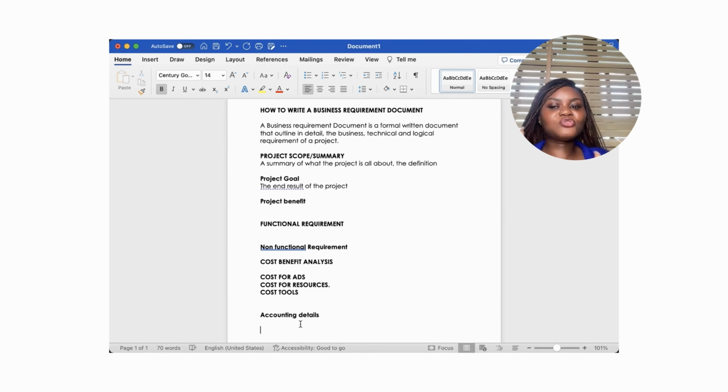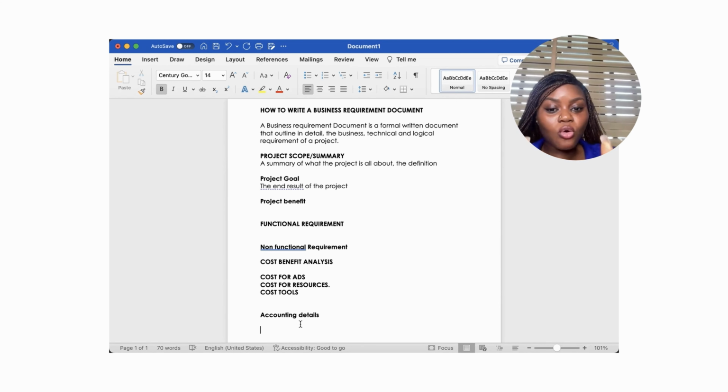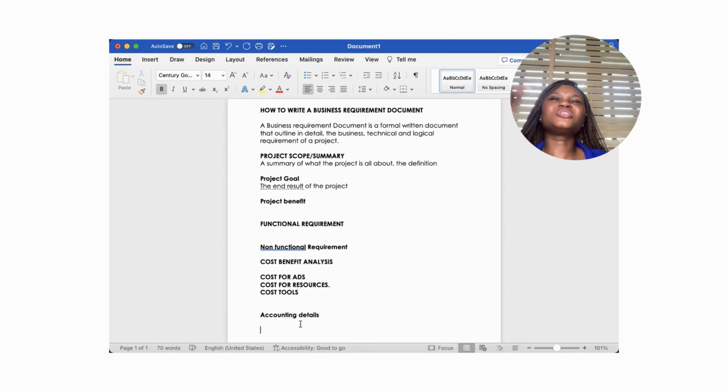So you have to be able to have these accounting details, because it's these accounting details that your developer would be able to configure and put into the system, such that if I, Oluwapelumi, use Piggyvest and money is deducted from my account, the money on Piggyvest's end will go where it's supposed to.